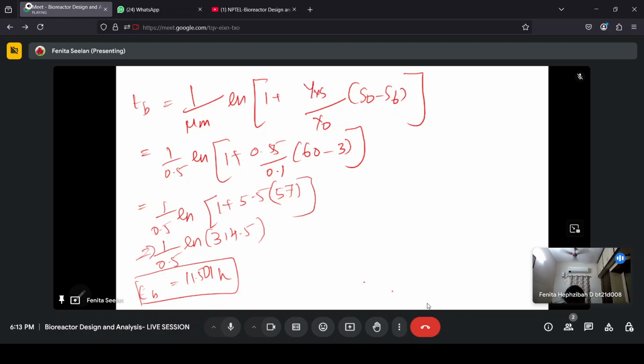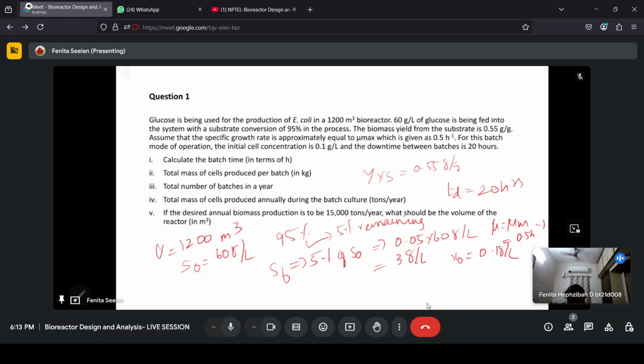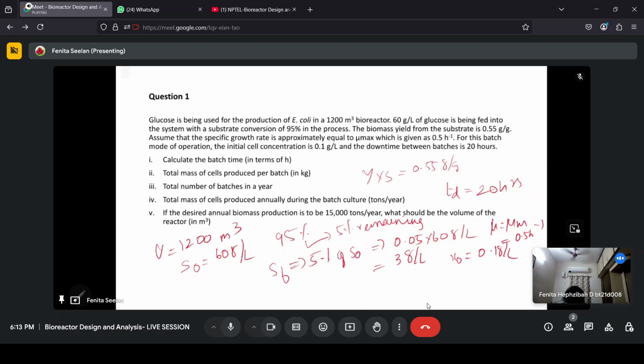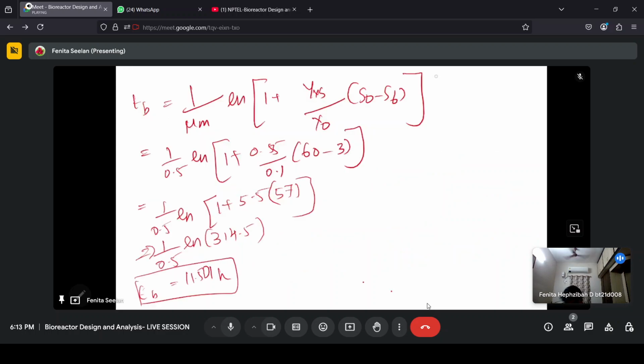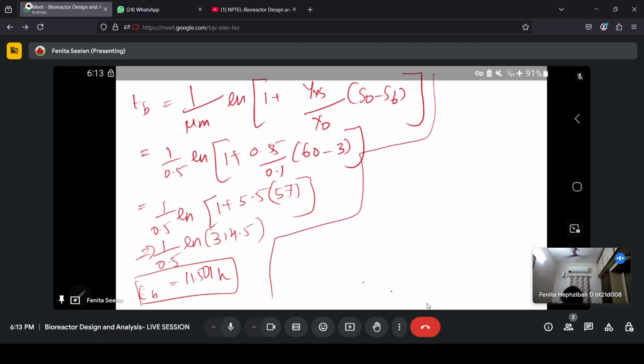So what was asked next? The total mass of cells produced per batch in kg. Total mass of cells means what? It is XF, right? That too they want in terms of kg. So what is the formula for calculating X?